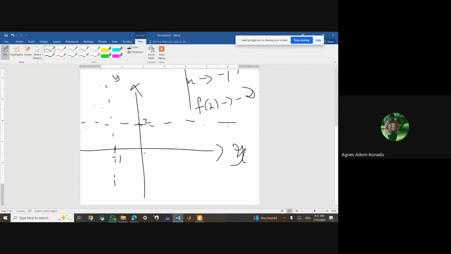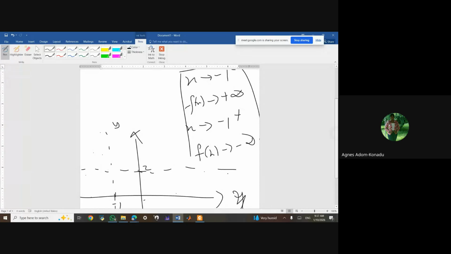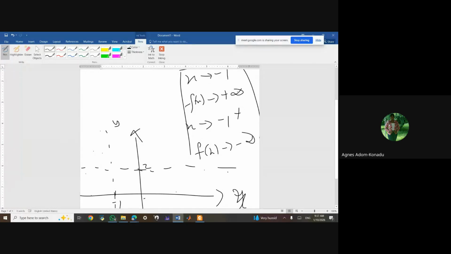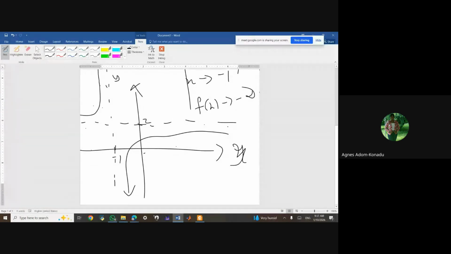Approaching from the left, f of x is approaching positive infinity, so I will draw it like this and go up. Then approaching from the right, it is approaching negative infinity, so I'll draw it like this and go down. So this is how the graph will look.